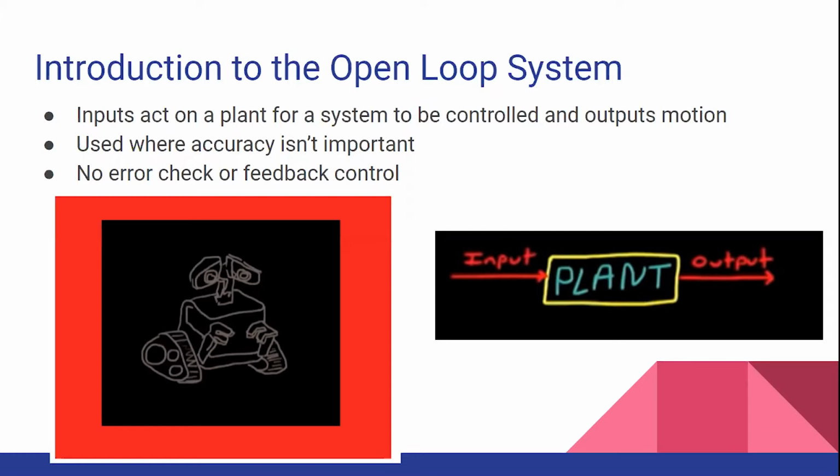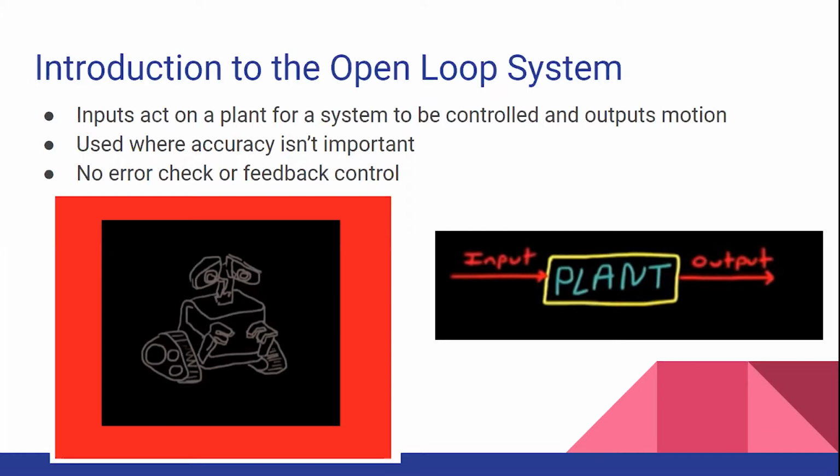As long as Wally's functioning, he has good motion. Wally can move in any direction, whether, say, his traction is going backwards instead of forwards, or you miscalculated his velocity, things of that nature. Wally is going to get to the red border.